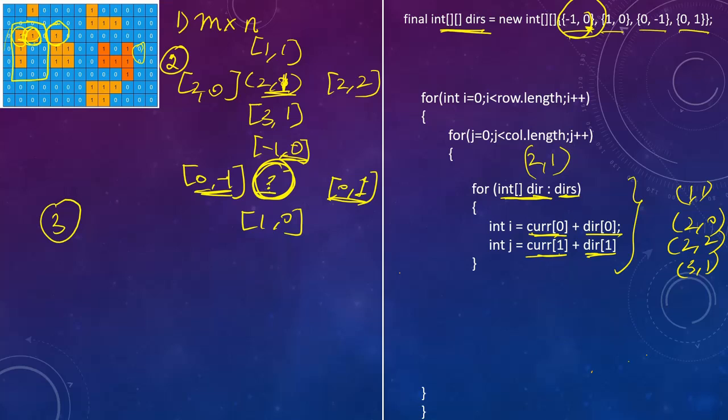So again, when it comes to 2 comma 2, you think your island starts at this point and calculate whichever is connected with this. But that is a repetitive process, because this point has already been visited and checked along with the starting point, which is 2 comma 1. So instead of repeating it, we just have some marker that says this node has already been visited. You don't have to visit again, just skip and go to the next unvisited one. Pretty simple, right?